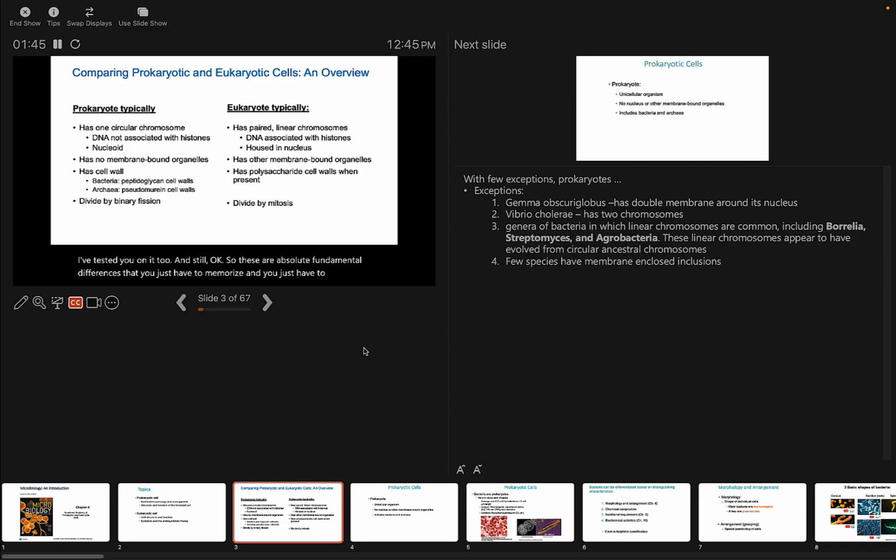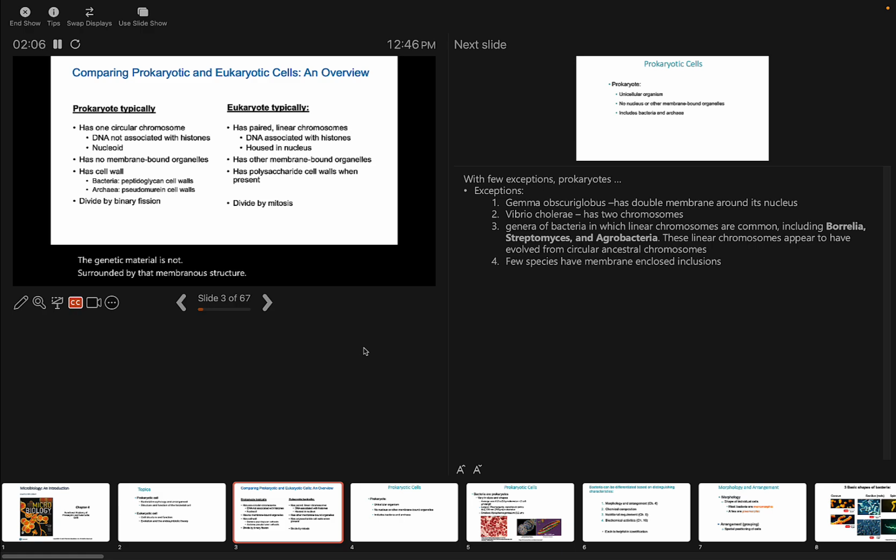Okay? So of course, the major difference is that without exception, really, a prokaryote does not have a nucleus. The genetic material is not surrounded by that membranous structure.